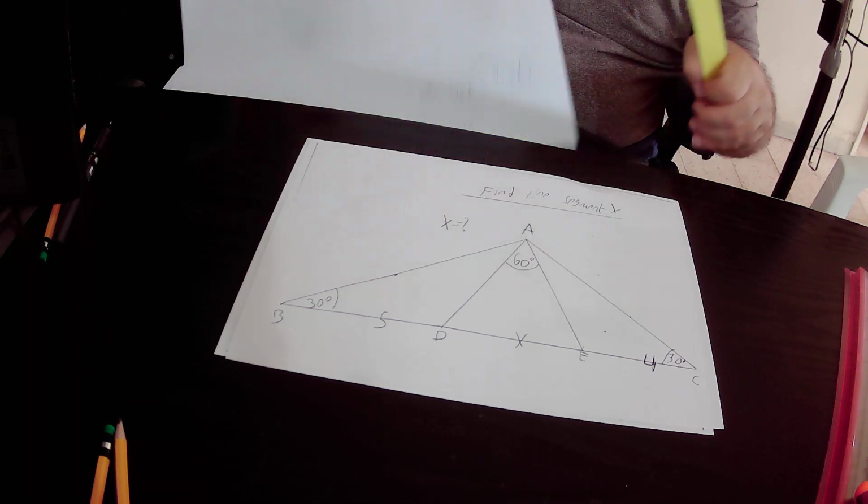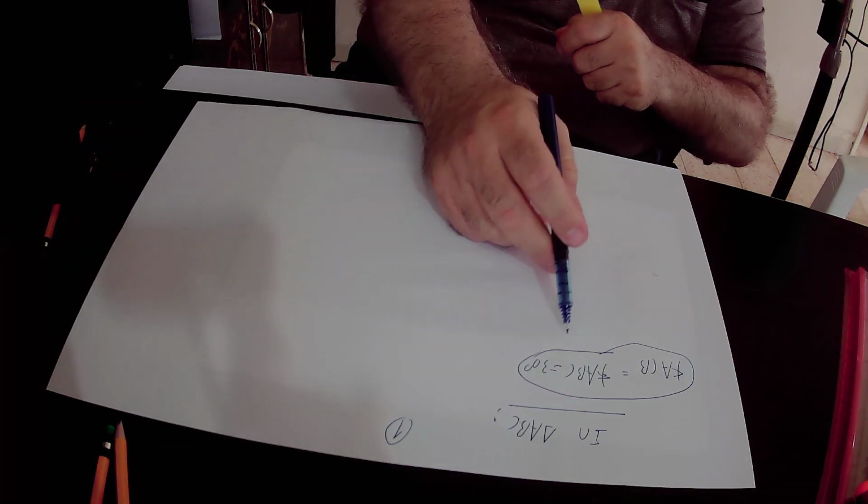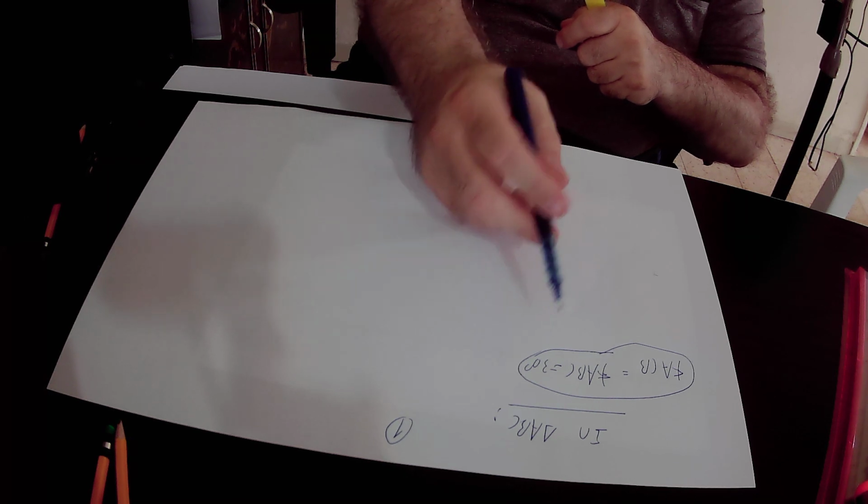So I repeat again, in triangle ABC, angle ACB equals angle ABC, and both angles are equal to 30 degrees.